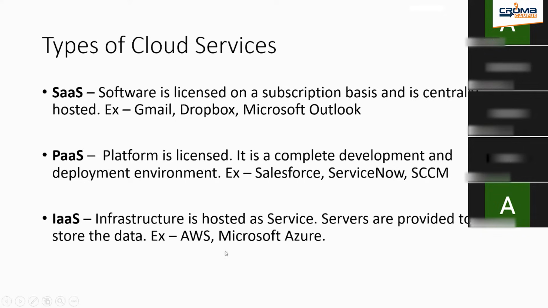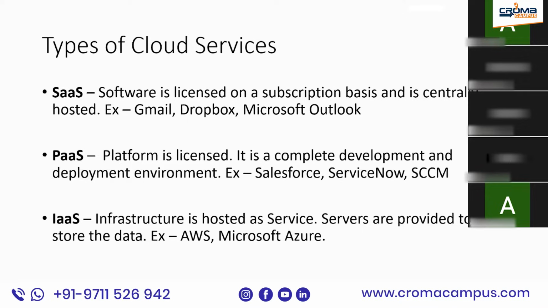As I told you, AWS has a wide range of services that it can offer. It can even act as platform as a service. It can even act as software as a service. So if you go deeper into infrastructure as a service, you will understand that IaaS can be broken down into multiple types of cloud services.